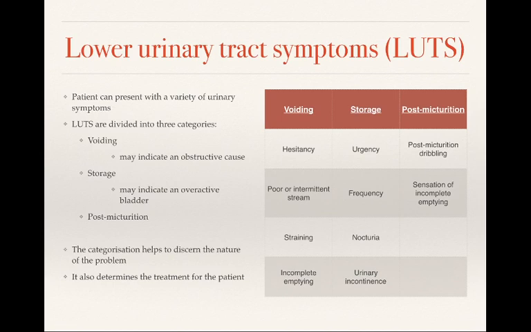They may also present with post-micturition symptoms such as post-micturition dribbling, which means that there is involuntary passage of urine after completing urination, and they may also complain of incomplete emptying as well. And this is sort of similar to voiding, and it indicates an obstructive cause.